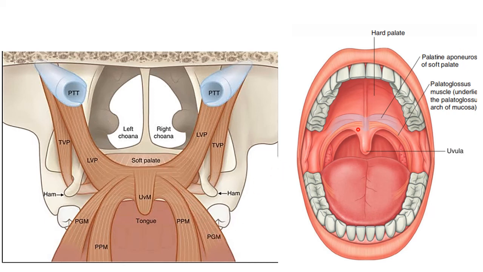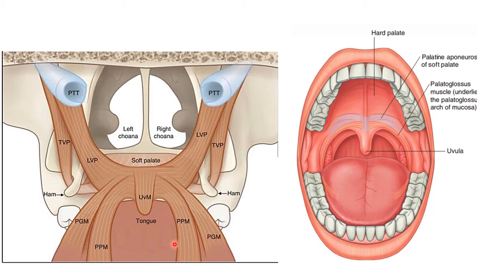This is the palatoglossal fold. It is inserted into the side of the tongue at the junction of the oral and pharyngeal parts.